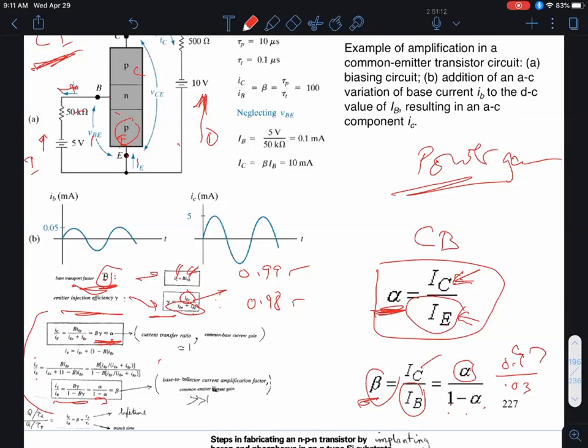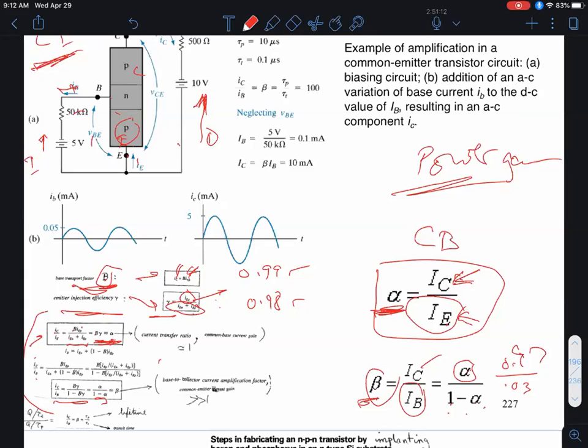Hopefully, you looked at it after class on Monday. So let's look at the definition of alpha, which is IC over IE, which is written as IEN plus IEP. IC is written as B times IEP. So this works out to B, the base transport factor, times IEP over IEN plus IEP, which is gamma.